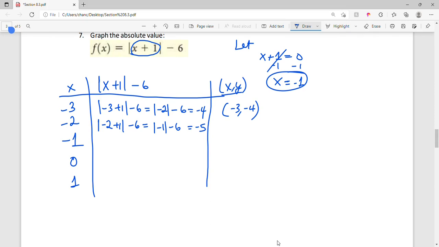We'll plug in a negative 1 now. Negative 1 plus 1, that gives us a 0. The absolute value of 0 minus 6, that's minus 6. And so these 2 points are negative 2, negative 5, and negative 1 comma negative 6.